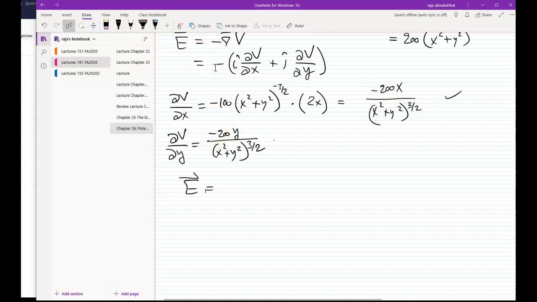Those minuses are going to go away, so I'm going to have nice clean pluses. If I do it in one step, it's 200 over x squared plus y squared to the power of 3/2, bracket, xi plus yj. And there we go. That's the electric field vector.